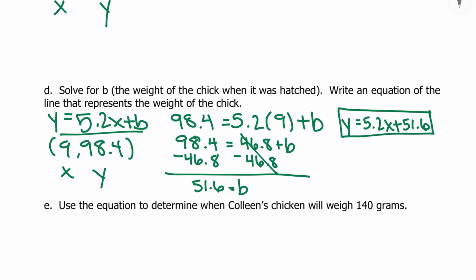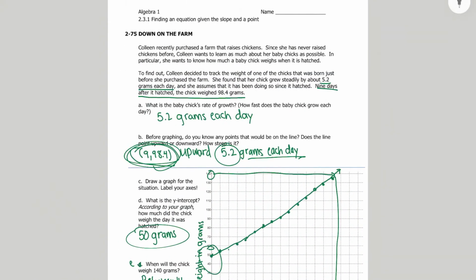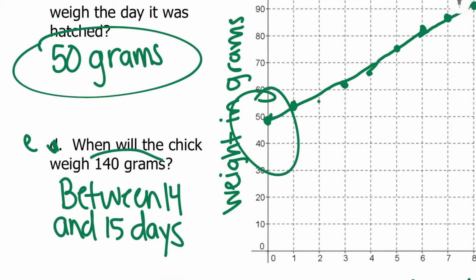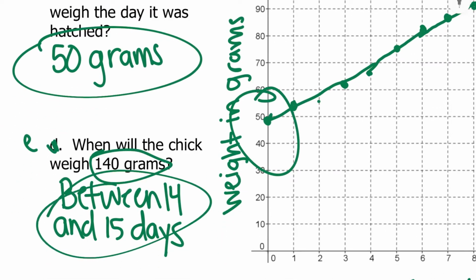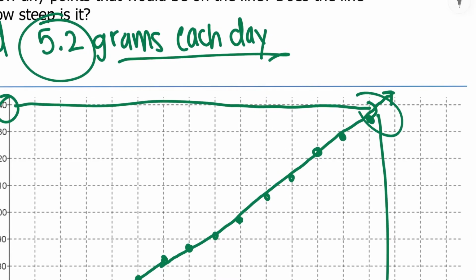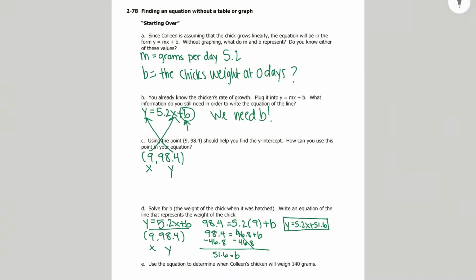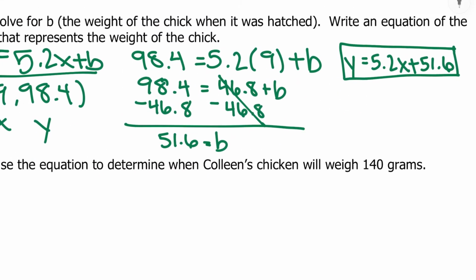So then the next part says use the equation to determine when Colleen's chick will weigh 140. So that comes from this question over here. We thought it'd be at 140 around 14 to 15 days. That came from here, but now we're going to get an actual number. When you're putting in grams, grams represents the y value, the up and down on the y-axis, if you went and looked back at your graph.